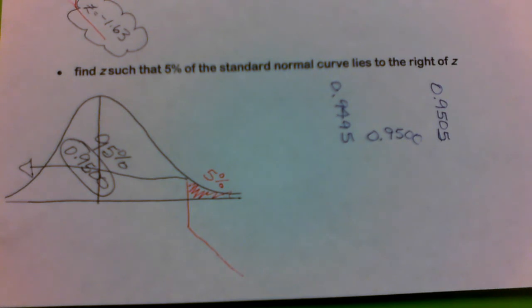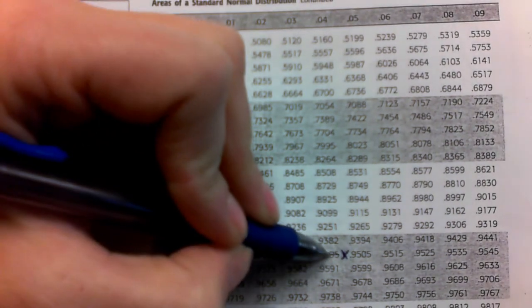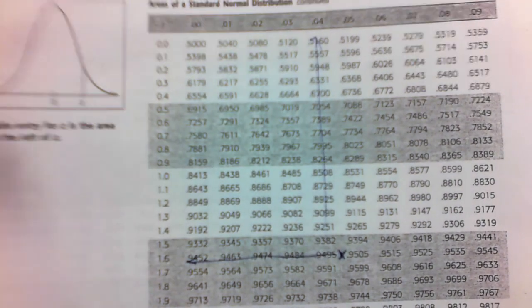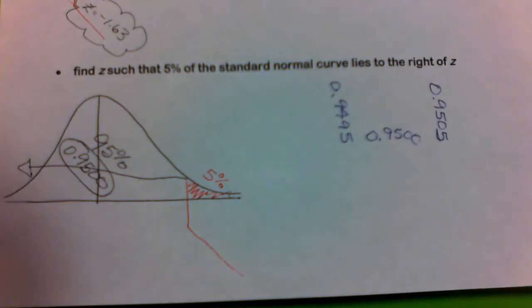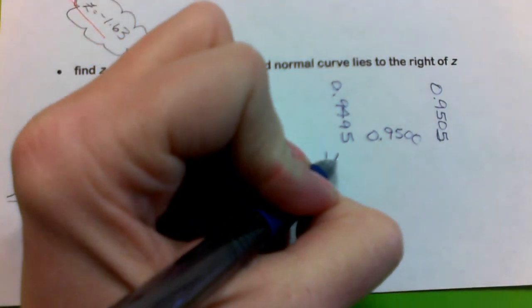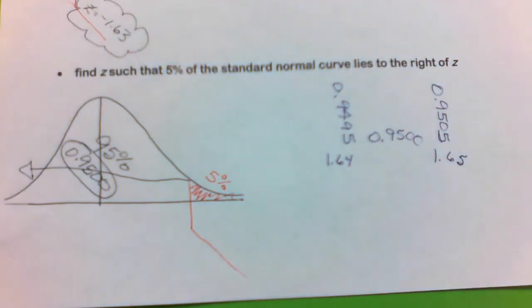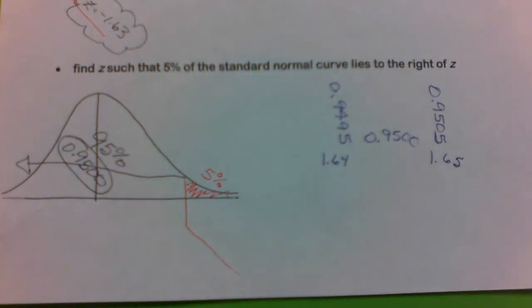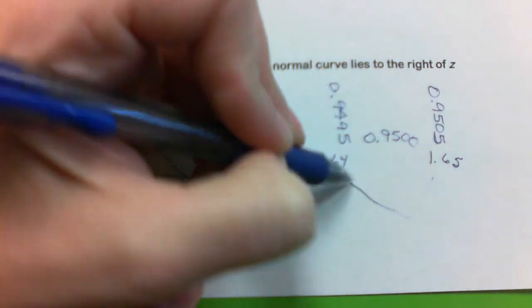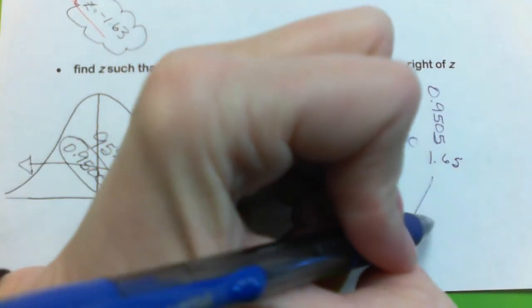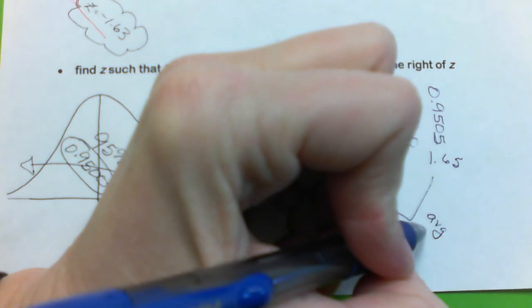So here's what we do. We're going to locate those two z values. So I'm going to go back to the table, and I'm going to look where that falls. So it's 1.64 and 1.65. So this one is 1.64 and this one is 1.65, and it doesn't lie closer to one, so we're going to take these two z values and we are going to average them.